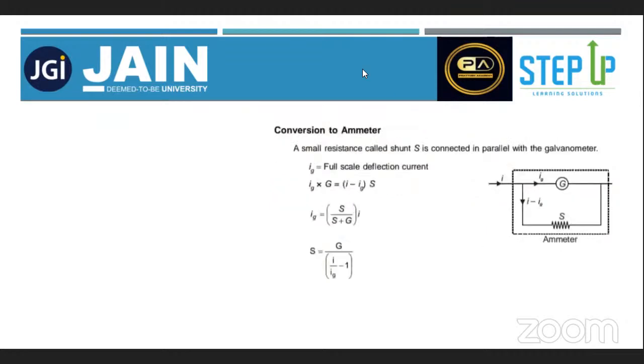Conversion of a galvanometer into an ammeter. A small resistance, which is called a shunt, is connected in parallel with the galvanometer. A galvanometer is an instrument used to measure current, but it is very sensitive, meaning it shows deflection even for a very small amount of current.